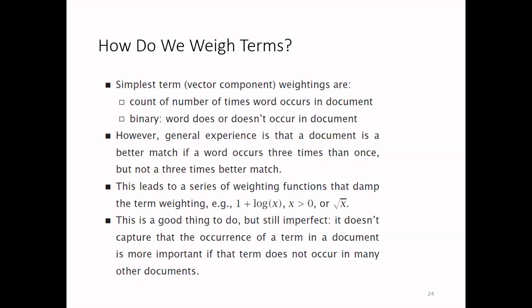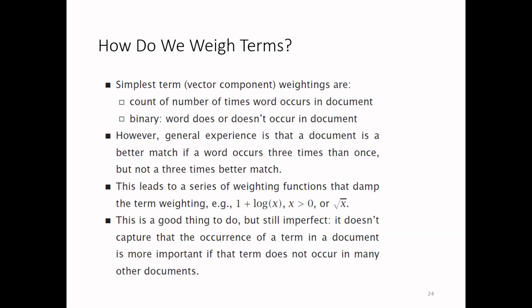On the other hand, if a word is present only in very few documents, that means the word does have something important, because otherwise it wouldn't be present in those few documents.